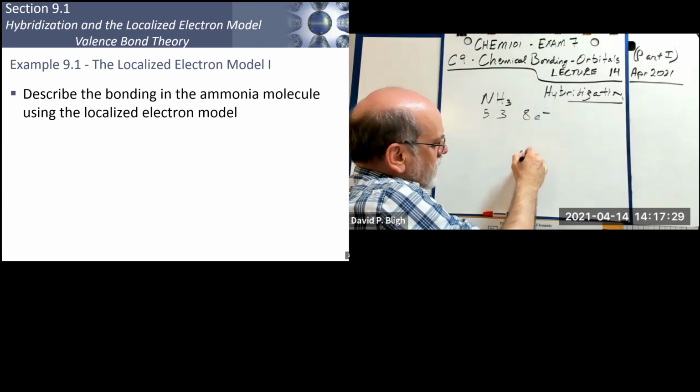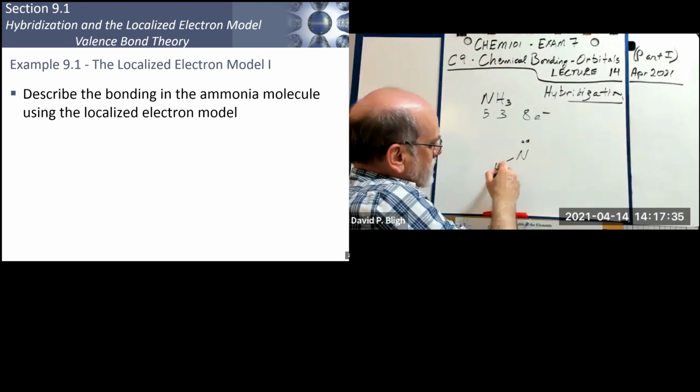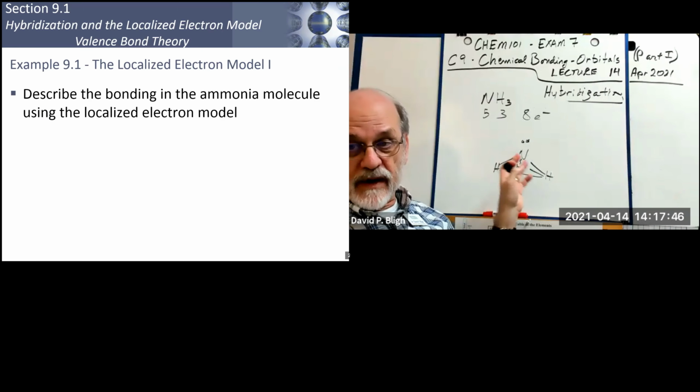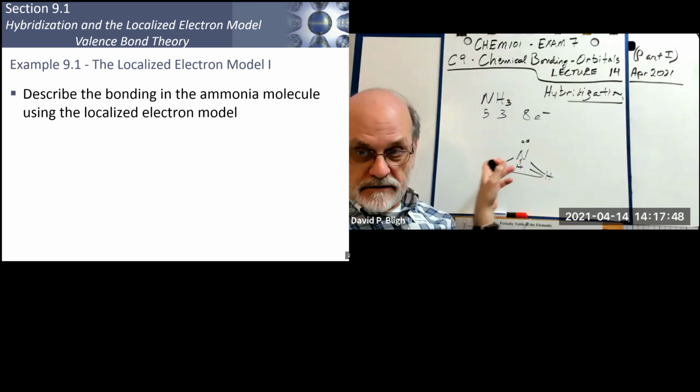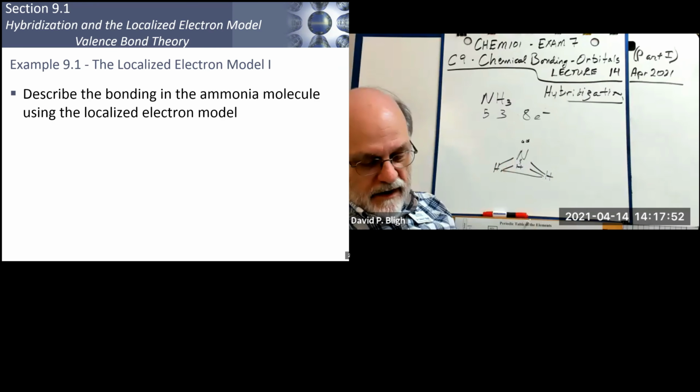Only this time you have nitrogen with a lone pair up there, and you have hydrogen here, and hydrogen in the back. So you have this triangular base. And the electronic structure, according to the VSEPR model, is tetrahedral. But of course, the molecular structure is trigonal pyramid.